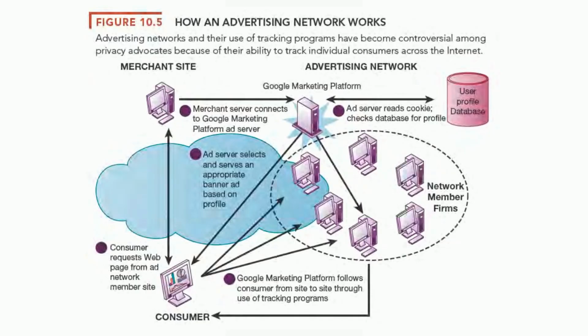And then the ad network selects the ad. So the ad network uses cookies to track the consumer's browsing habits and interests. Based on this data, the ad network will select an appropriate ad from the advertisers to display on the publisher's website. Next, the consumer sees the ad. The selected ad is then displayed on the publisher's website. And the ad network will track the consumer. The ad network may track whether the consumer clicked on the ad to see if the advertising campaign is successful or not.